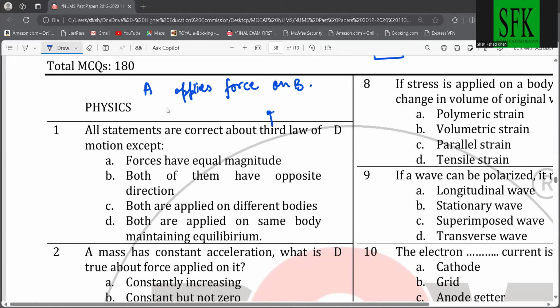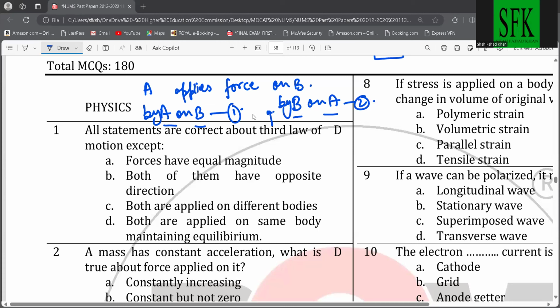So this can be written as force is applied by A on B. So this is your first force. The other force is going to be the force applied by B on A. Okay, so the opposite. So just replace their positions to get the second force.